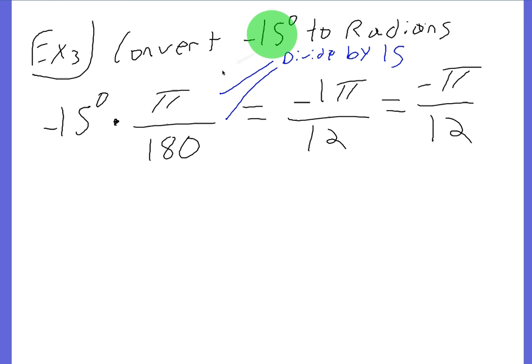How about negative 15? Well, yes, you can do negatives as well. Still multiply by pi radians over 180. Again, if you want to, you can put the r in there in your final answer because your units are radians. The GCF of these two is 15. So divide both by 15, you get negative 1 pi over 12, which simplifies to negative pi over 12. It means that negative 15 degrees is the same as negative pi over 12.